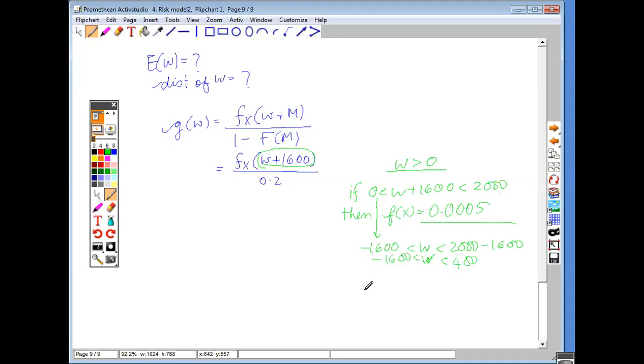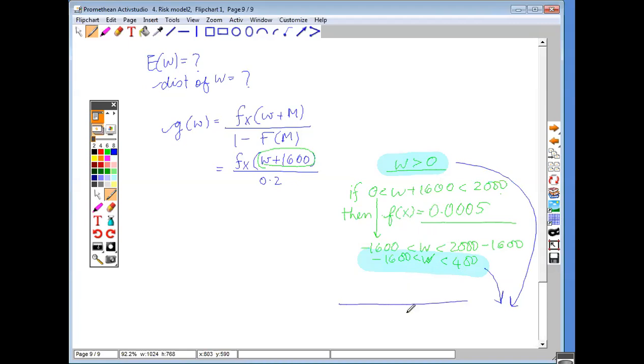So now the conditions that my W should satisfy are one, this, and two, this. And both of these conditions should always be satisfied. So what do I get at the end is I take the intersection of these two.